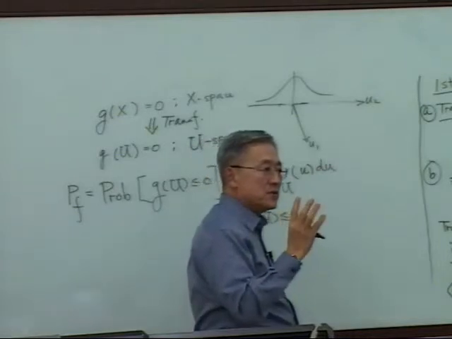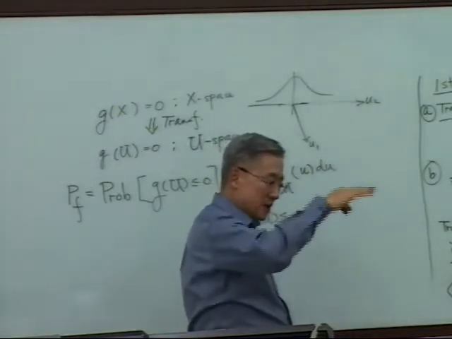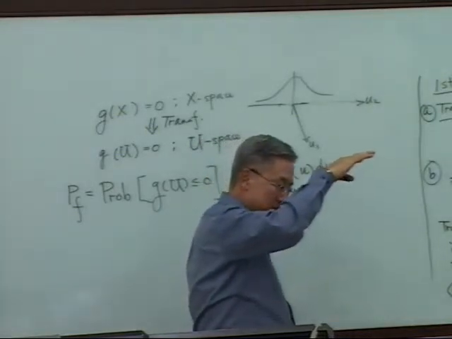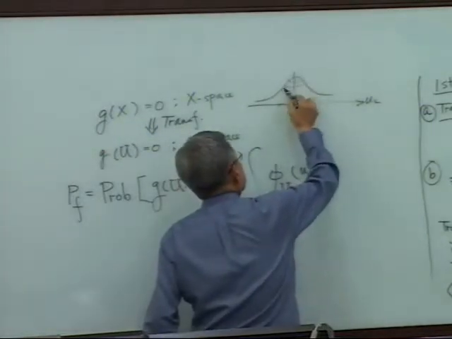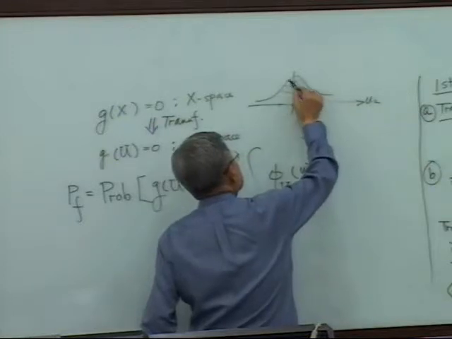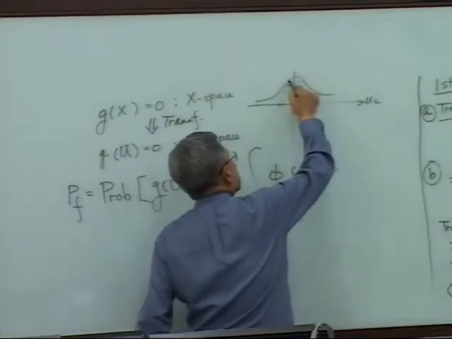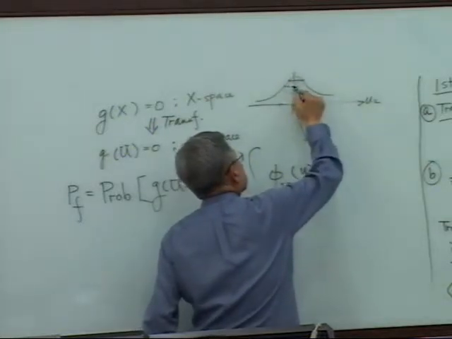In the U1, U2 space, now you can make a projection. So it's going to be a volume, right? So project this contour.